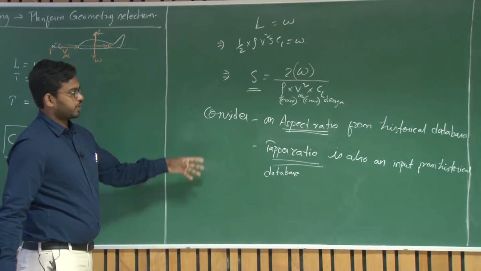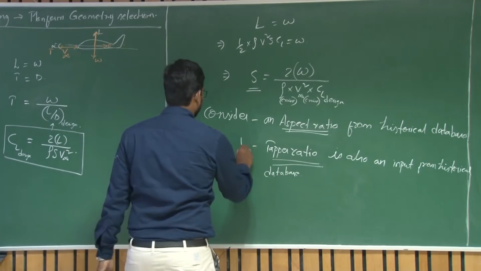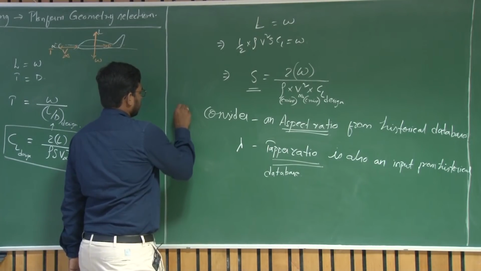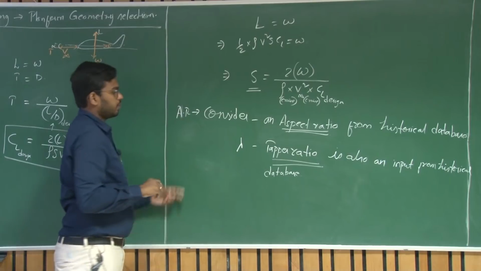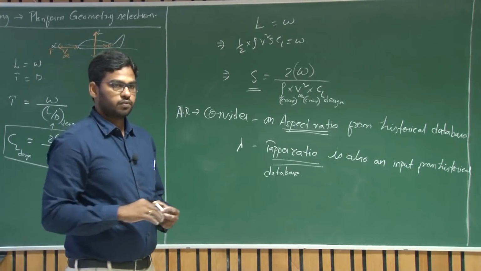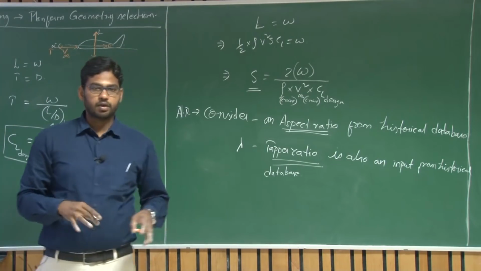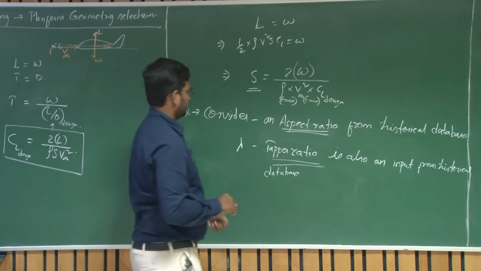So once you have this aspect ratio and lambda taper ratio, you will be able to figure out the major part of the planform geometry.